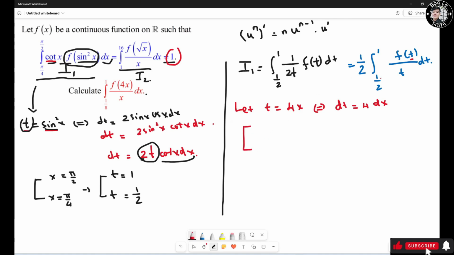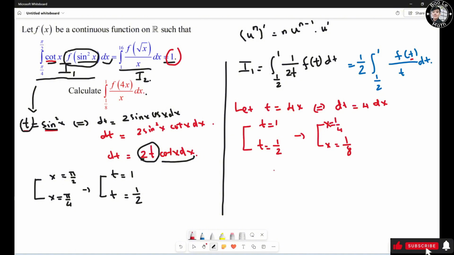Now the lower limit, t equals 1/2, and t equals 1 becomes, because t equals 4s, for t equals 1 half I need to divide both sides by 4, so s is 1/8, right? And for this one right here, dividing both sides by 4, s is 1/4, right?